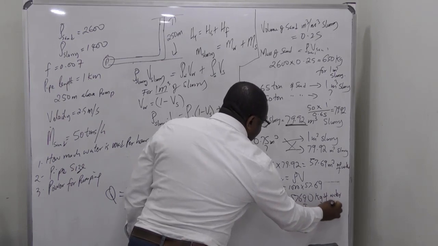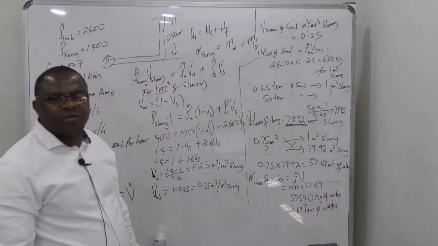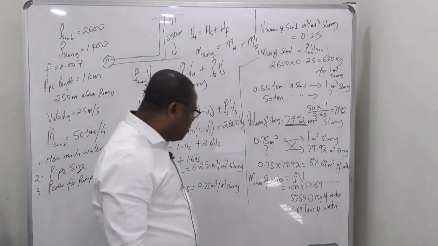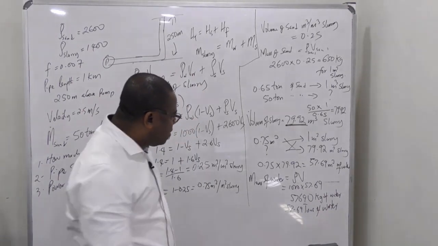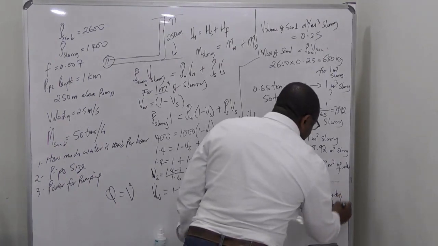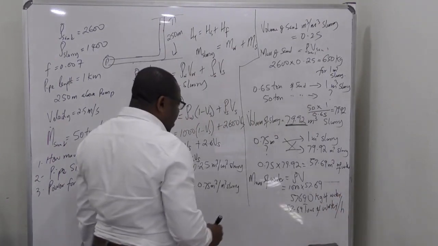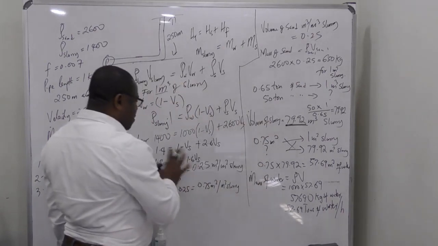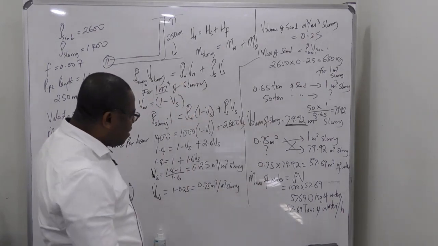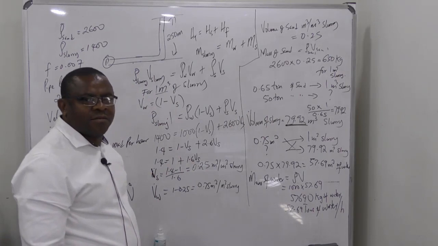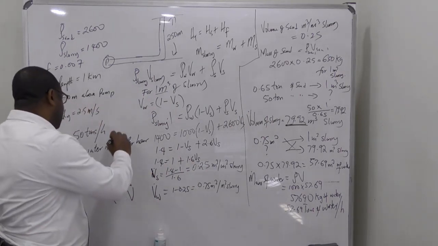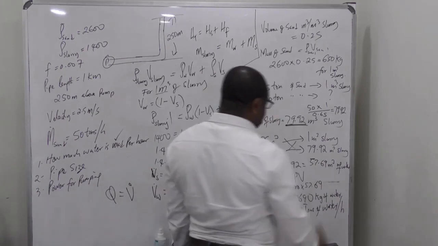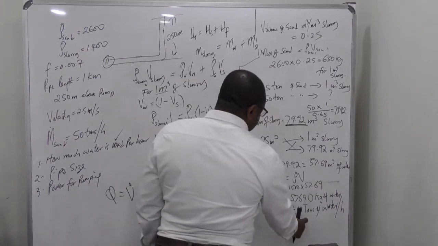Okay, that is the answer to that question. 57.69 tons per hour. Now that's our mass. Remember, that is a mass flow rate because we're dealing with per hour in this case. If they say you must calculate the volume, we are using that one. If they say calculate the mass, we're using this one.